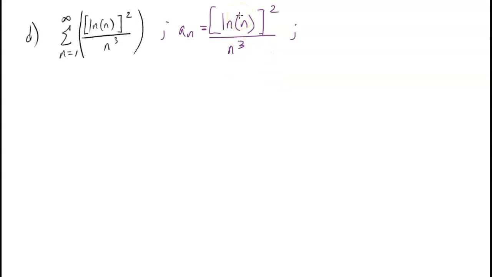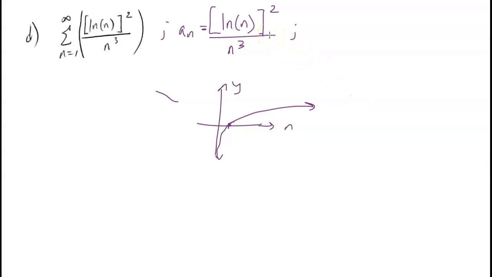But one thing that we do know is that this natural log function looks like this. And so because of that, we see that as n or x gets more positive, it's going to grow, but it's going to grow or increase very slowly.